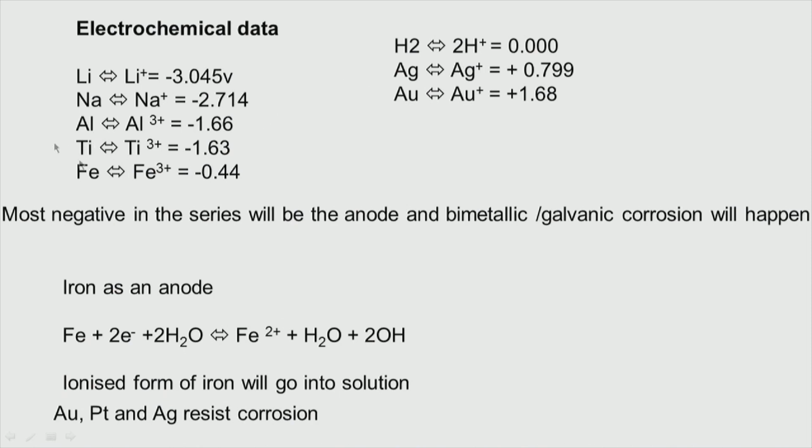So, look at this. The most negative will be the anode. If I have aluminum and iron, aluminum will become the anode and iron will become the cathode. If I have iron and gold, iron will become the anode, gold will become the cathode, and this is the reaction for iron: iron minus 2 electrons gives Fe 2 plus. So, this starts going into solution.